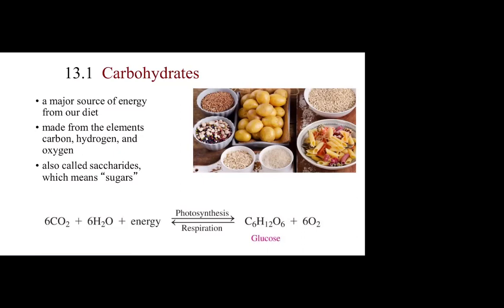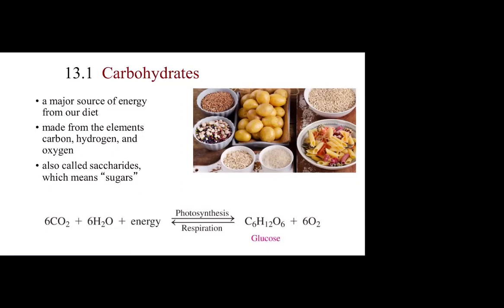Now, carbohydrates, when it comes to chemical composition, are composed of carbon, hydrogen, and oxygen. Sometimes we don't hear the word carbohydrates; sometimes we hear them called saccharides, or we also hear the word sugar. In the bottom, we see a chemical reaction.